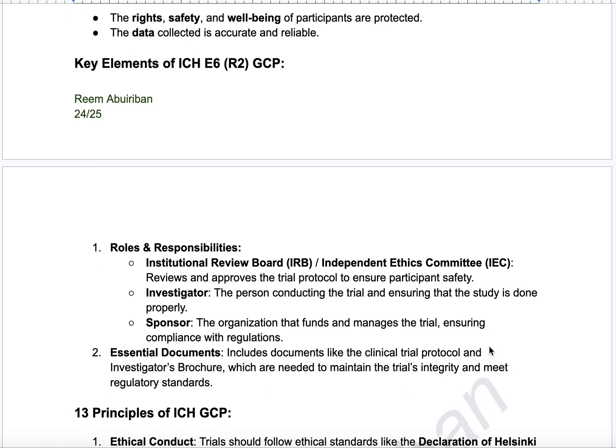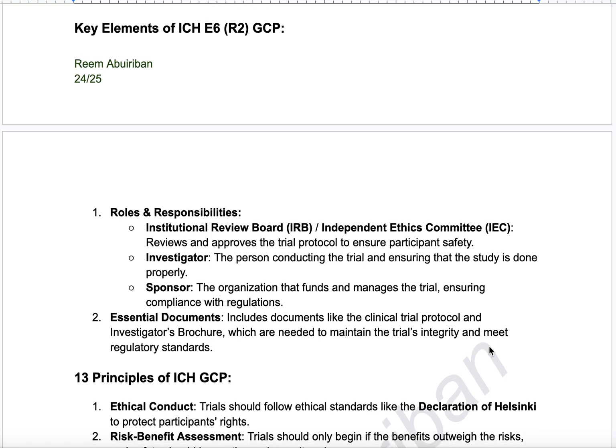Now we talk about the key elements of ICH E6(R2) GCP. Roles and responsibilities. The Institutional Review Board or Independent Ethics Committee reviews and approves the trial protocol to ensure participant safety. The investigator is the person conducting the trial and ensuring that the study is done properly.